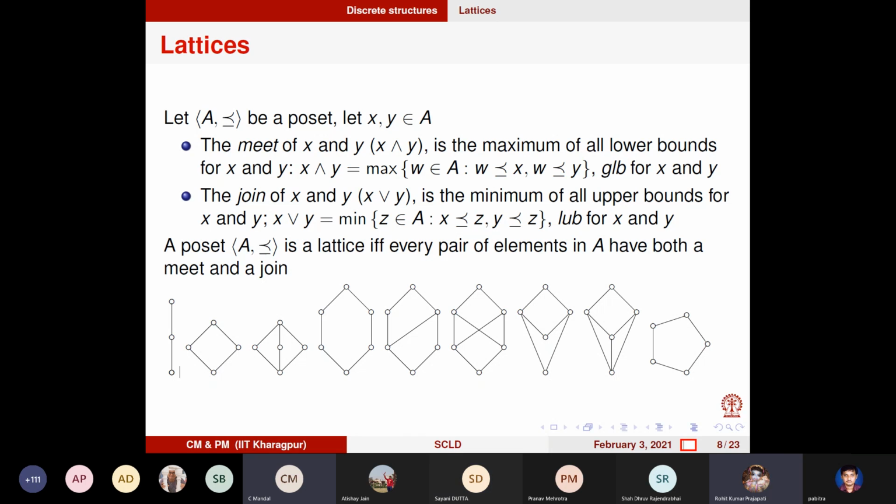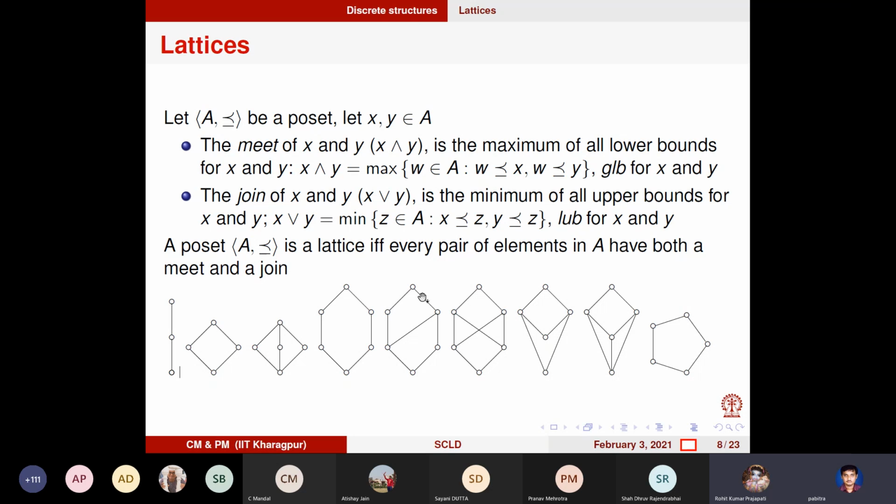Yes, sir. So one thing you notice is that you take any 2 points and you try to see a path from one point to the other point.